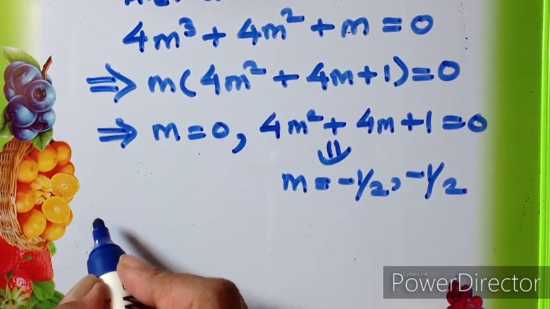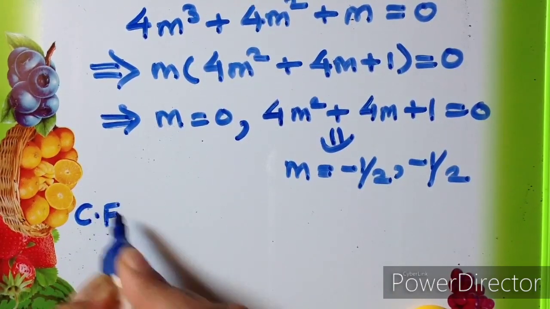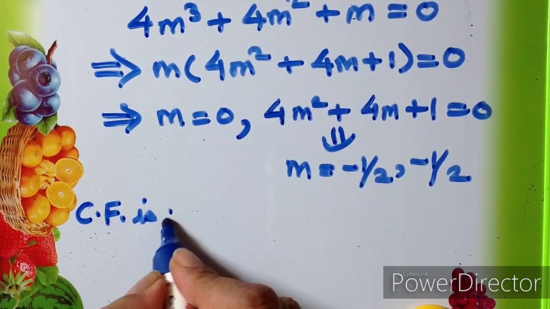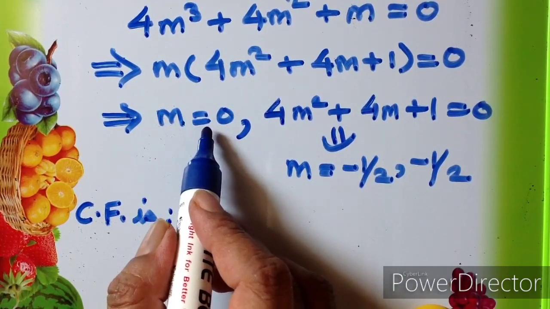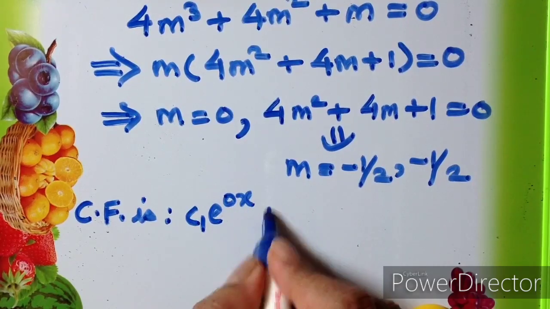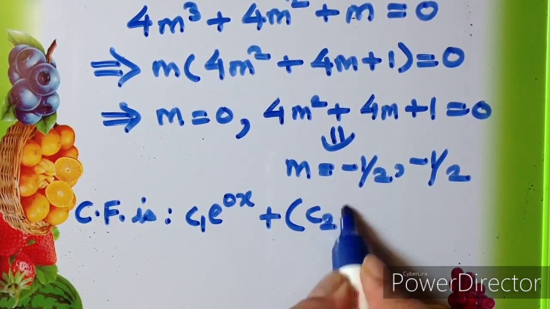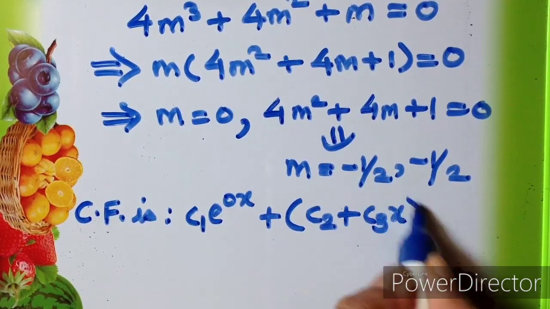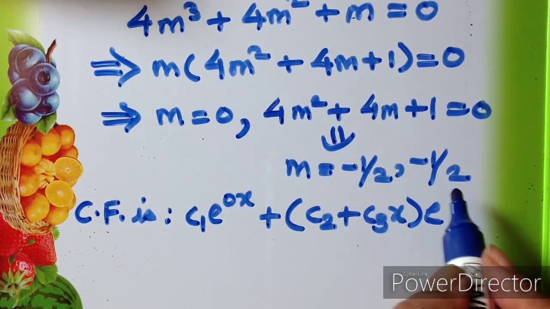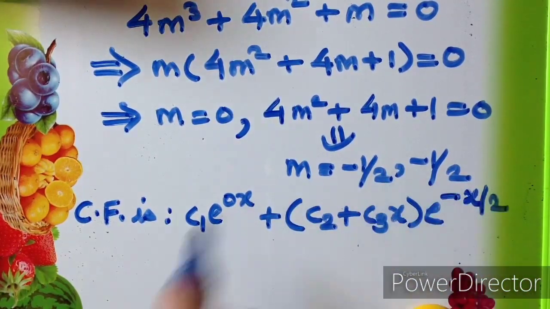By using those, again you have to rewind the video and go back for the 4 cases. So CF is, first for the real and distinct root, C1 e raised to 0x plus, now for the repeated root, C2 plus C3x into e raised to minus half x, means minus x by 2.